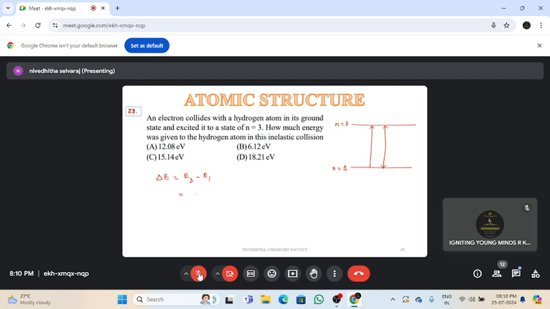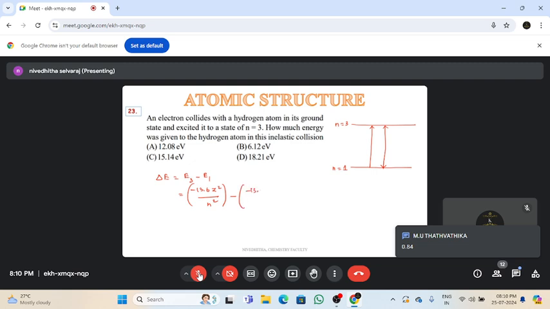And what is the energy of the electron if it is present in the third shell? We know the formula, right? Minus 13.6 Z square divided by n square. So here the value of n is 3, so this is 3 square. And here the value of n is 1, so 1 square. So 3 square is 9, 1 square is 1.